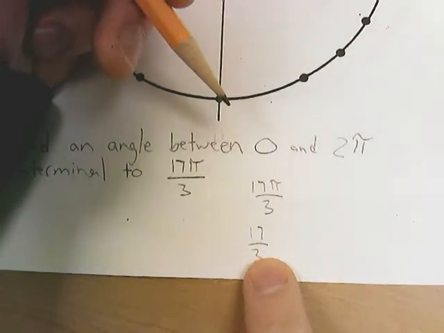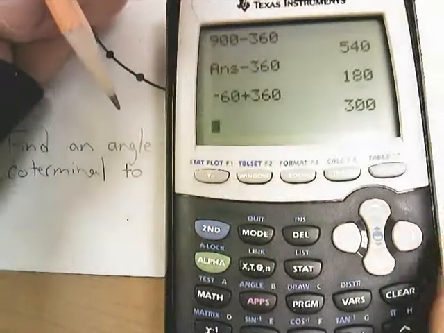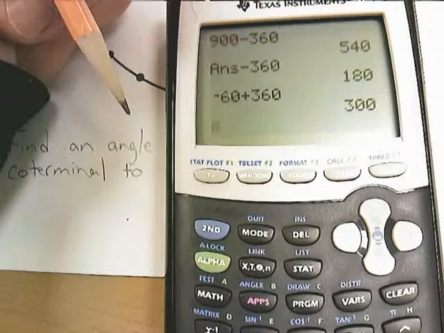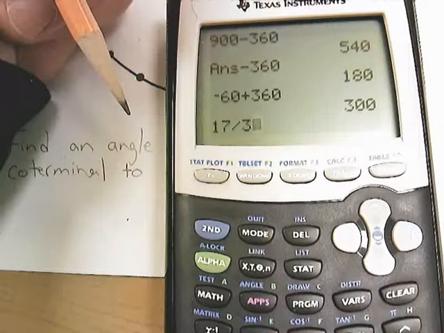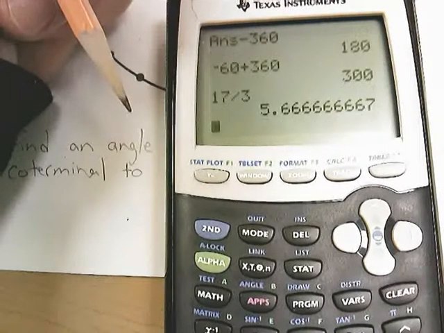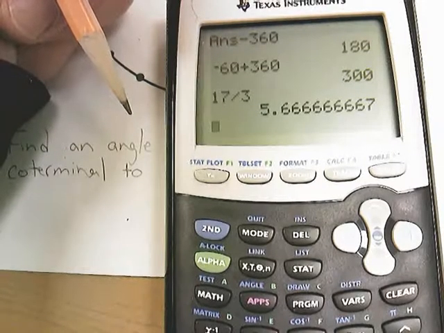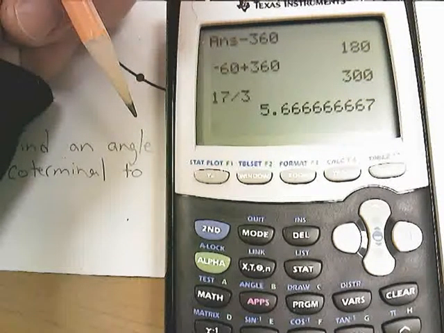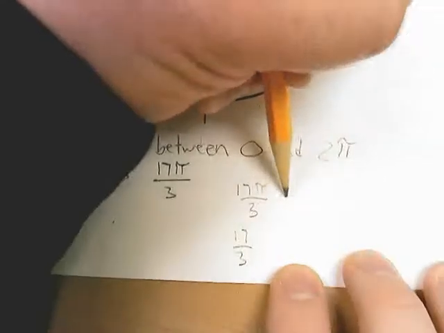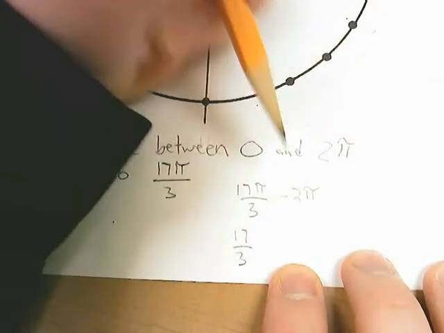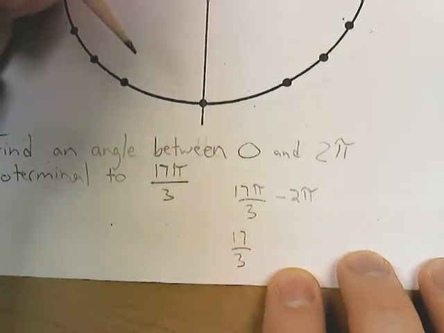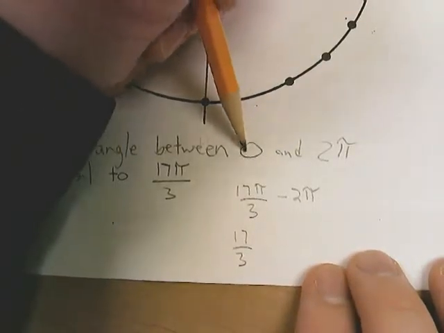In my calculator, I'm going to start with 17 thirds, which as a decimal is about 5.6, and I want to subtract away 2 pi until it is small enough to be between 0 and 2 pi.